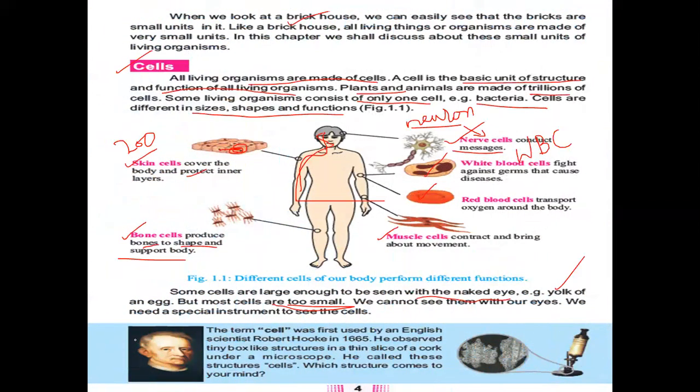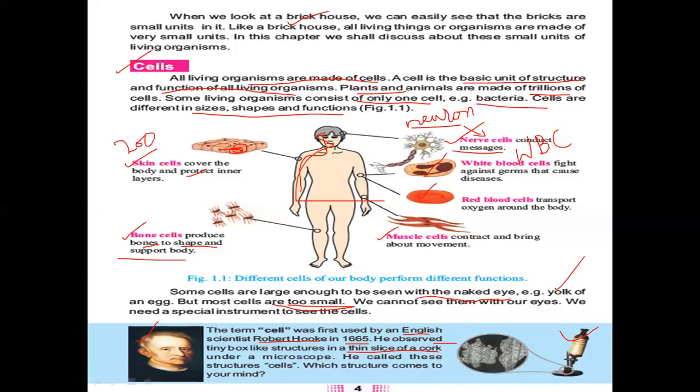Okay, can you guess this person? This is Robert Hooke, an English scientist. In 1665, he saw a thin slice of cork under this type of microscope, and he saw these types of structures inside it.